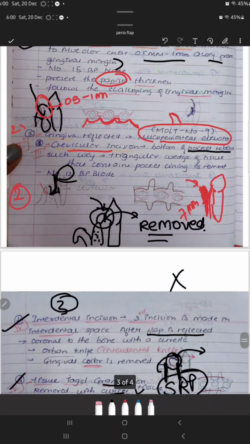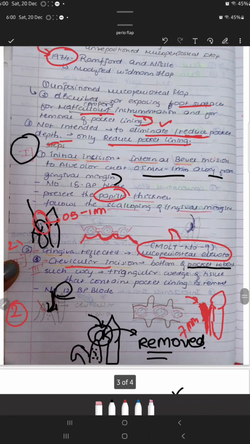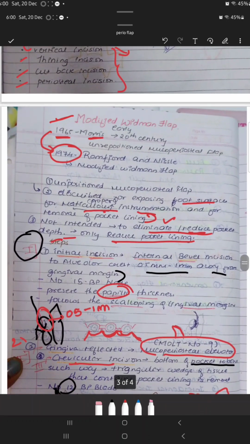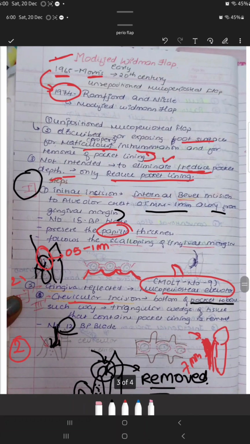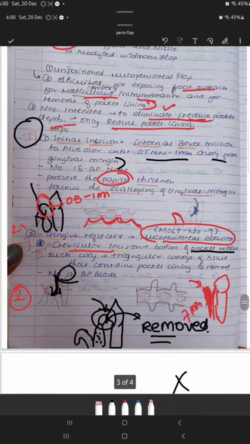So these are the steps in the modified Widman flap. Let us revise it once again. Step 1, initial incision, that is the internal bevel incision. Second step is to reflect the gingiva. Third is the crevicular incision at the bottom of the pocket to the bone, that is from the sulcus.